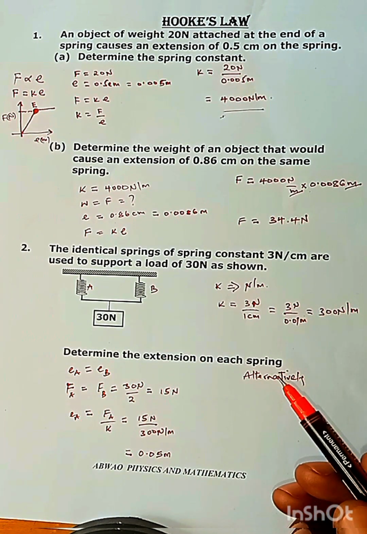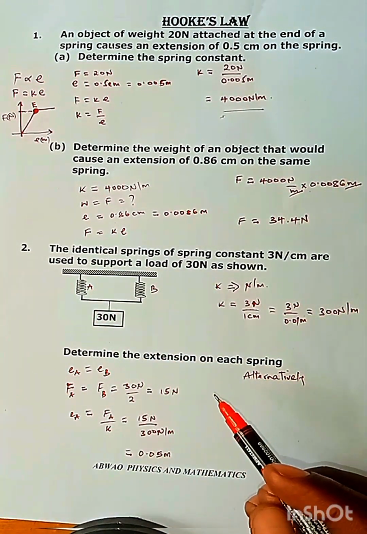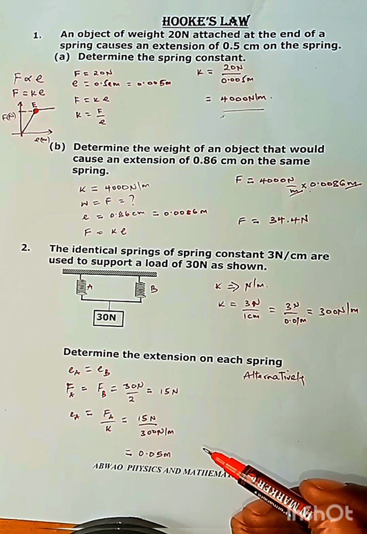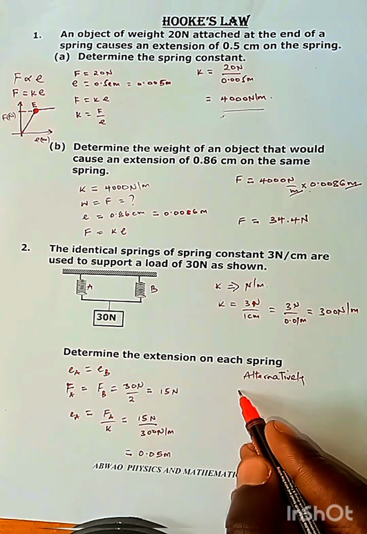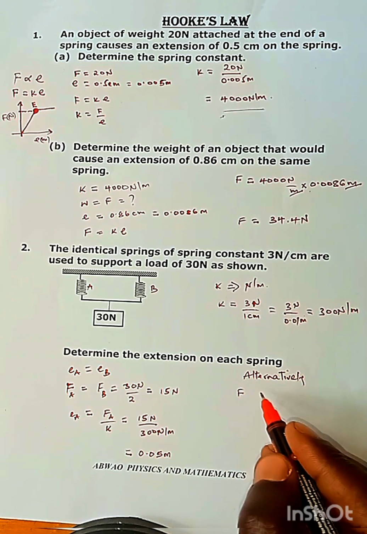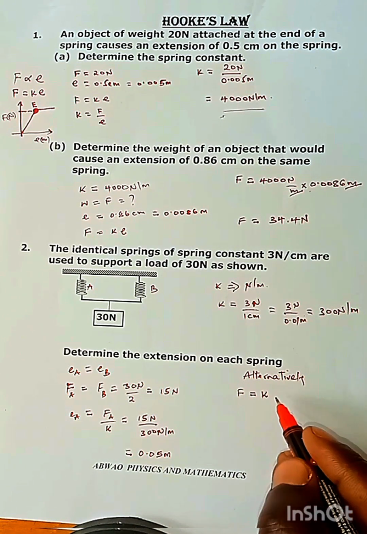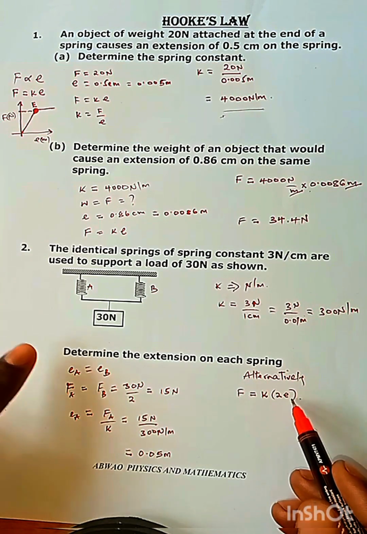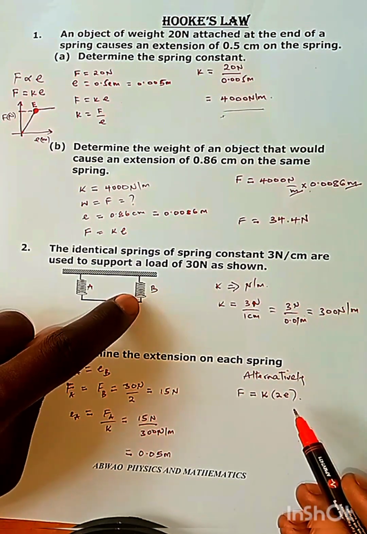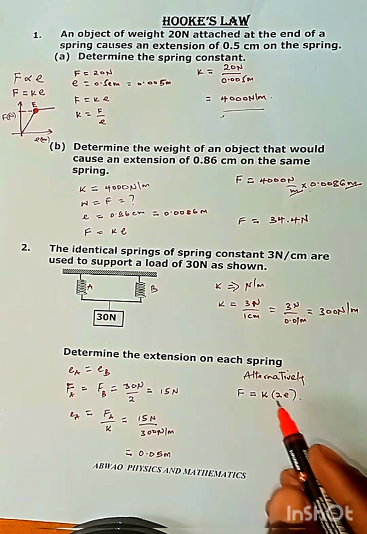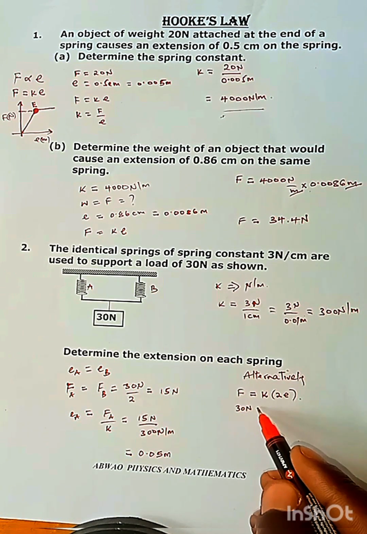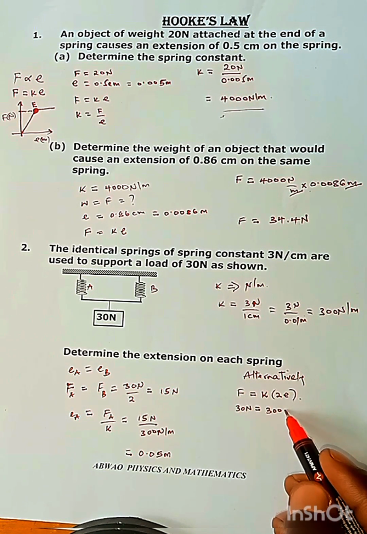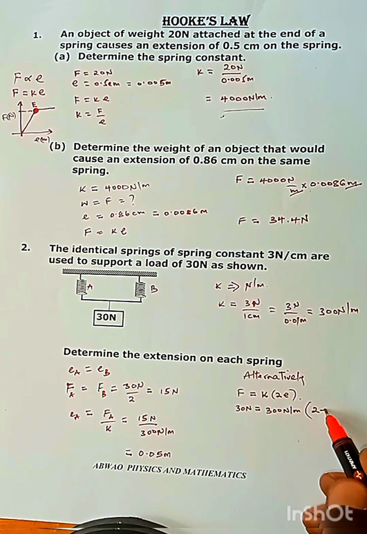So when we add the two extensions, they should give us the full extension for that system or that arrangement, and therefore we can say that the force experienced by the two springs together is equal to the spring constant times twice the extension, because we're talking about extension of the first spring A plus extension of the second spring B, and therefore we'll be talking about 30 newtons being equal to the spring constant 300 Newton per meter times 2 of the extensions.